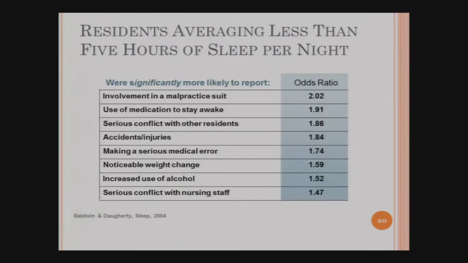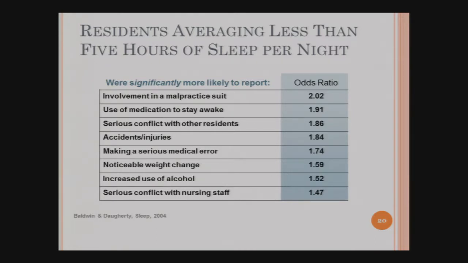Okay, so a little bit of data surrounding what residents are more likely to report when they have less than 5 hours of sleep a night. A lot of these studies are self-reported by residents.